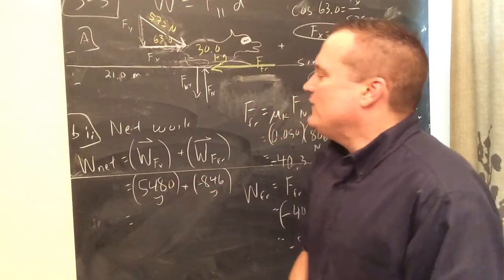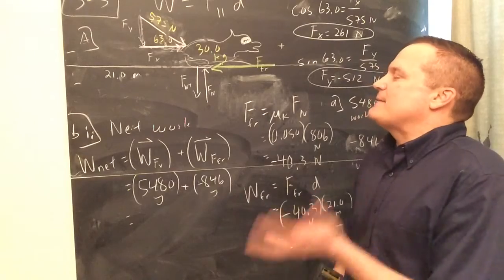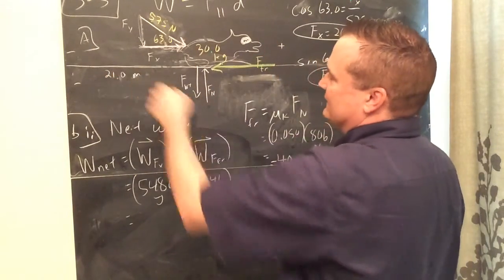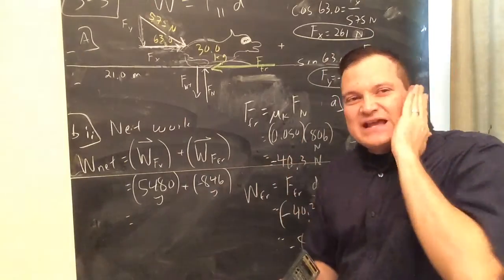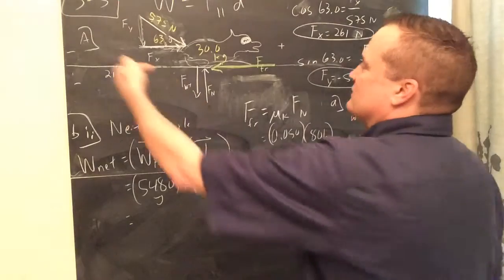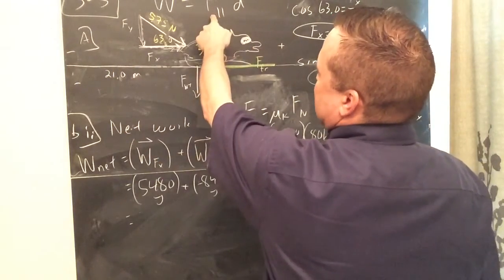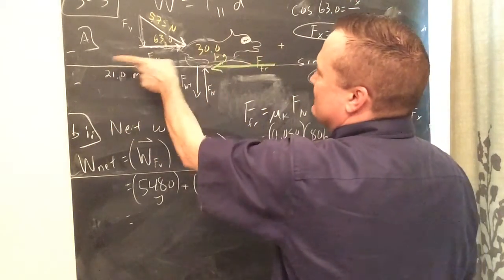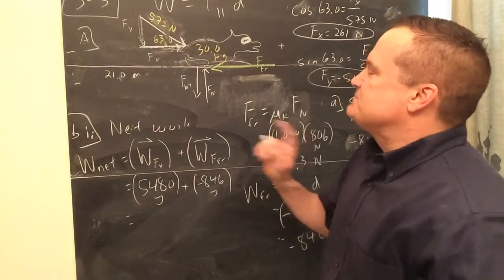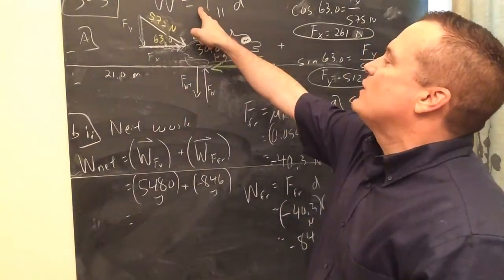Now see, one thing I'll tell you, remember that time I mentioned to you, always let the direction you go in be positive and the other will be negative. So just think about what the forces do, and the work does the same thing. So like, if the force is positive, the work has to be positive. If the force is negative, then the work will be negative. Okay? One sign will go in front of the work.